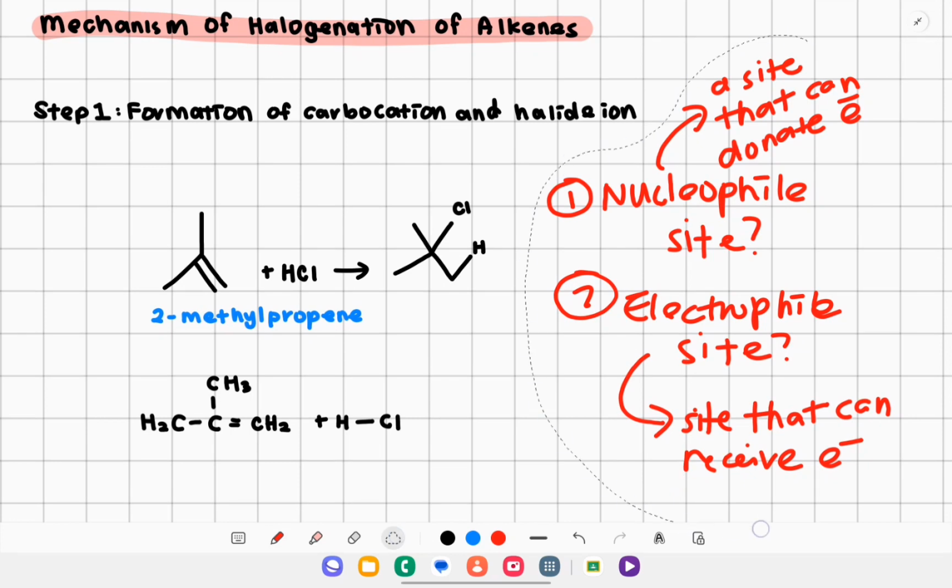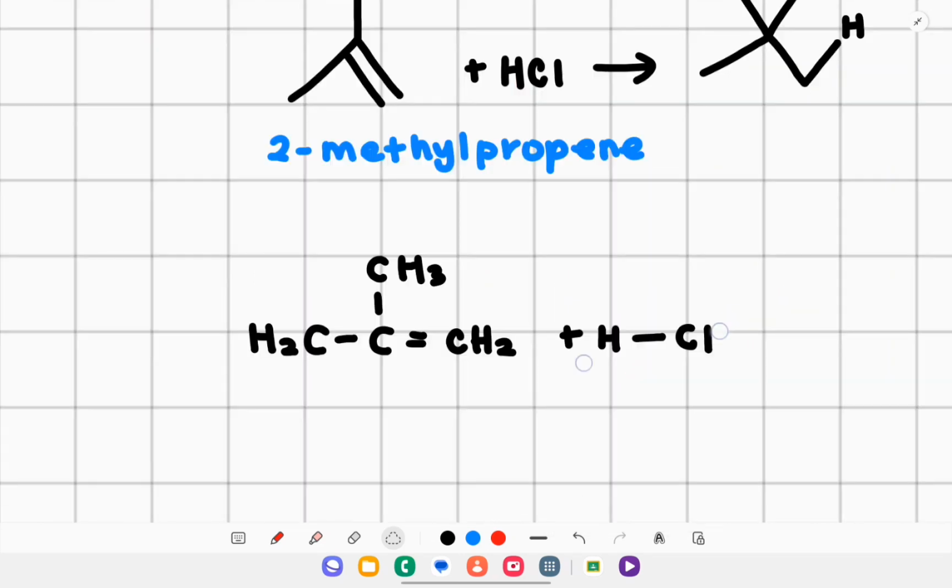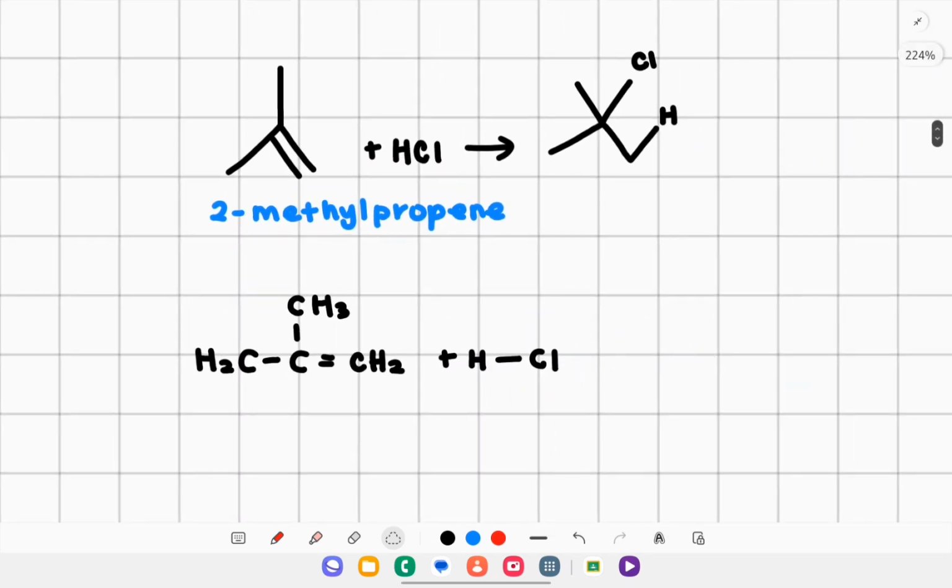So that we know, let's identify together. The alkene given is 2-methylpropene. We need to identify the nucleophile site, which is a site that can donate electrons. The nucleophile site here is at this carbon-carbon double bond, because this 2-methylpropene contains a pi bond, a region of high electron density.